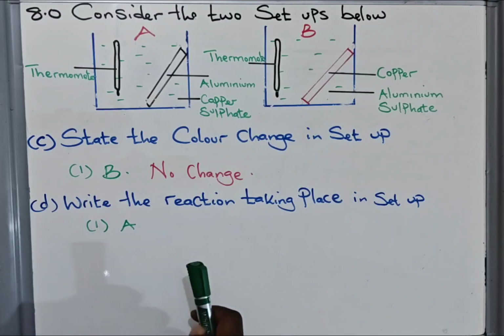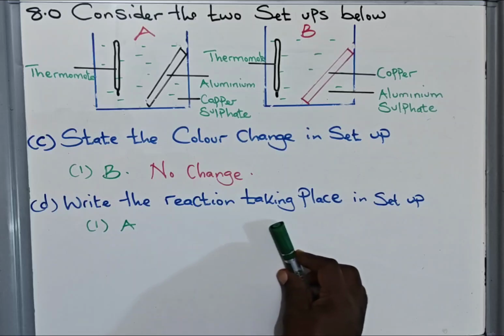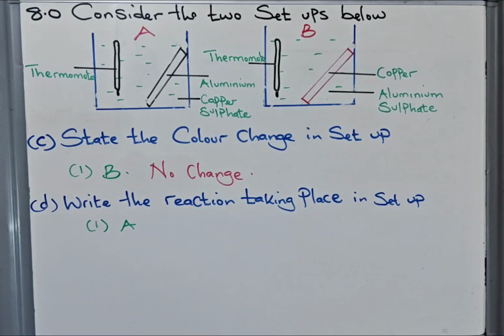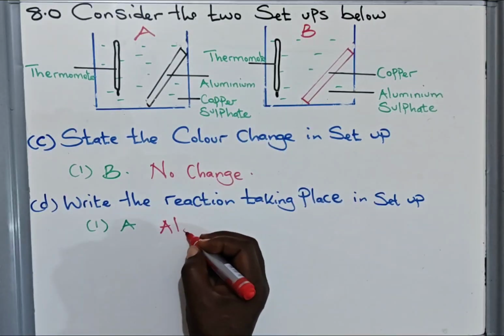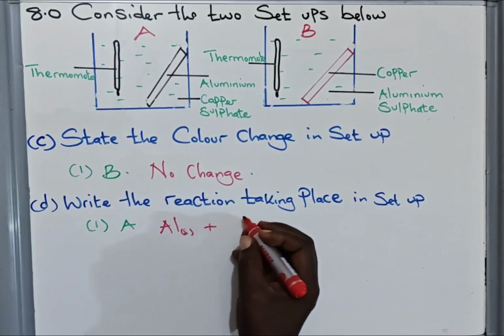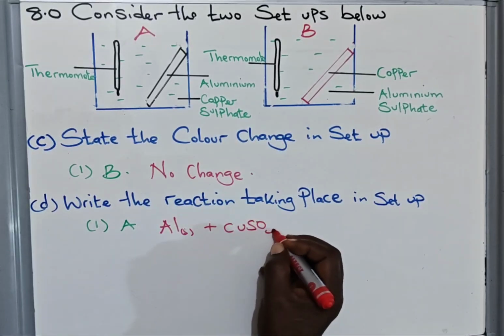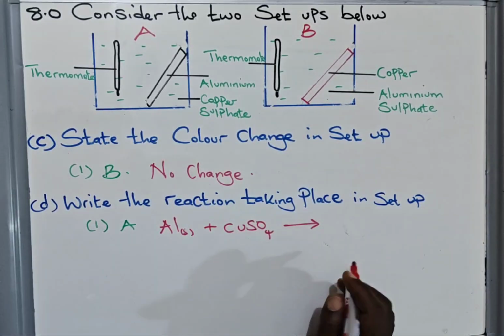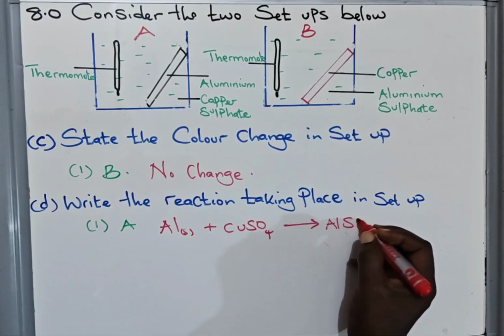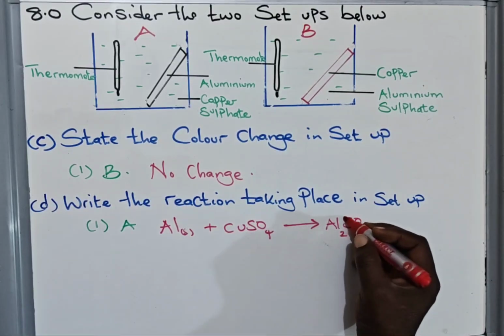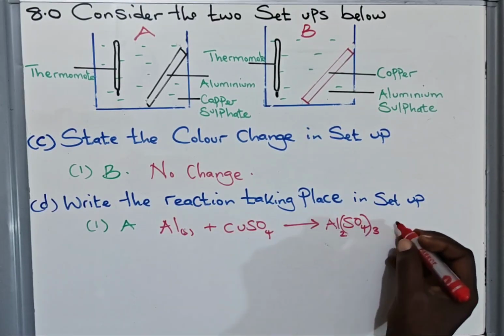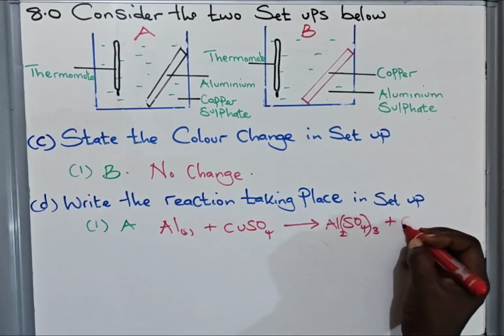Then we come to this question. It says, write the reaction taking place in setup A. What reaction are we observing in setup A? It is aluminium solid, because the strip is aluminium, reacting with copper sulfate to give aluminium sulfate. Remember aluminium's valence is 3, sulfate is 2, so you put a bracket here, plus copper.